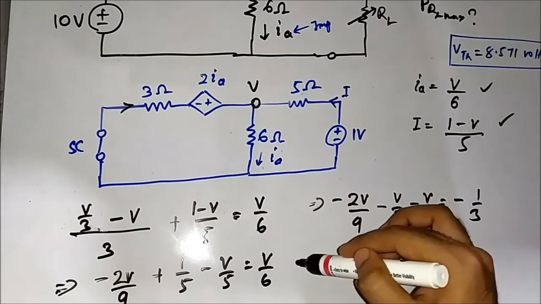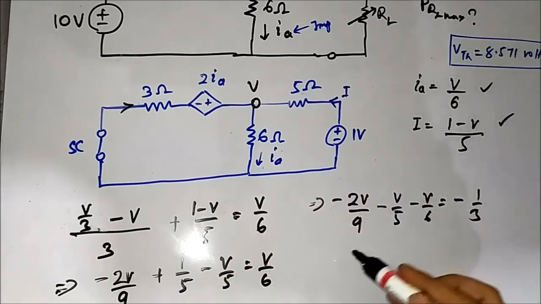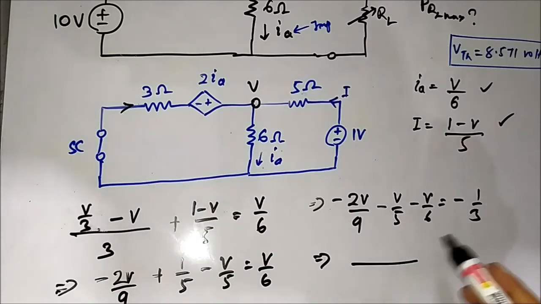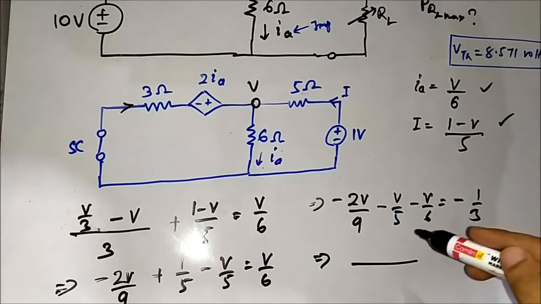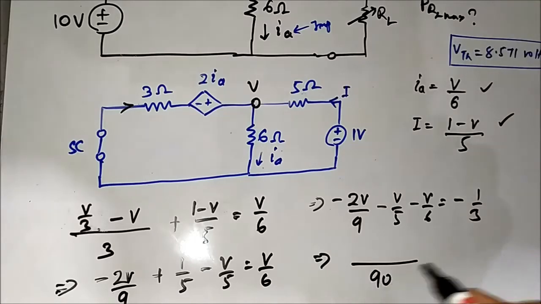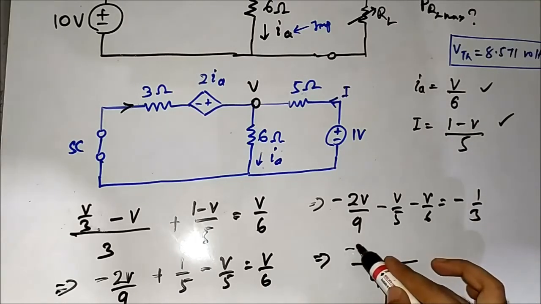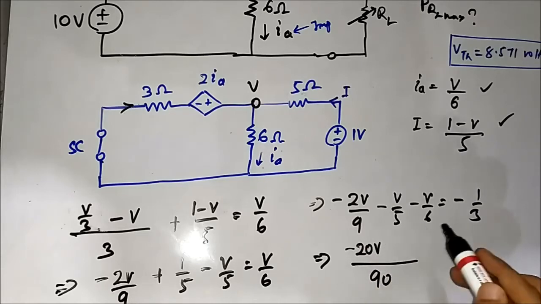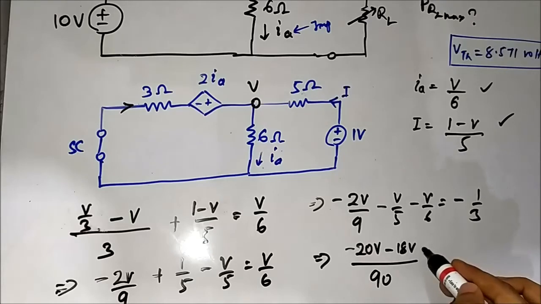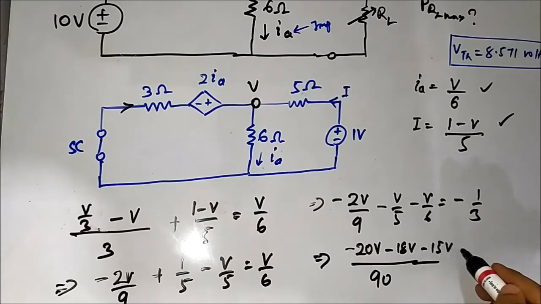So 1 by 5 came to this side, V by 6 came to this side. That implies the common LCM here is 90. So it is minus 20V minus 18V minus 15V is equal to minus 1 by 5.